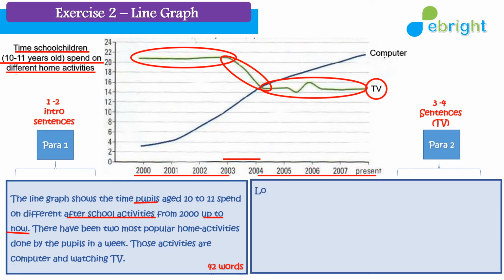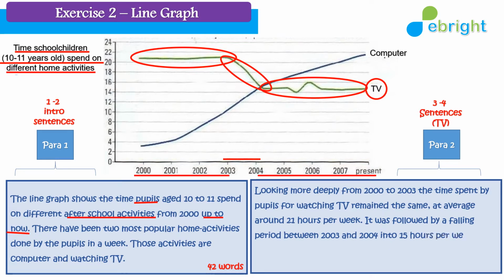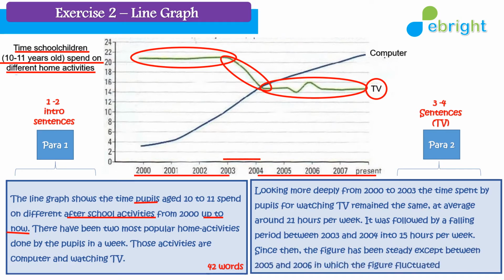So let's try. Looking more deeply from 2000 to 2003, the time spent by pupils watching TV remained the same, at around 21 hours per week. It was followed by a falling period between 2003 and 2004 to 15 hours per week. Since then, the figure has been steady except between 2005 and 2006, in which the figure fluctuated.